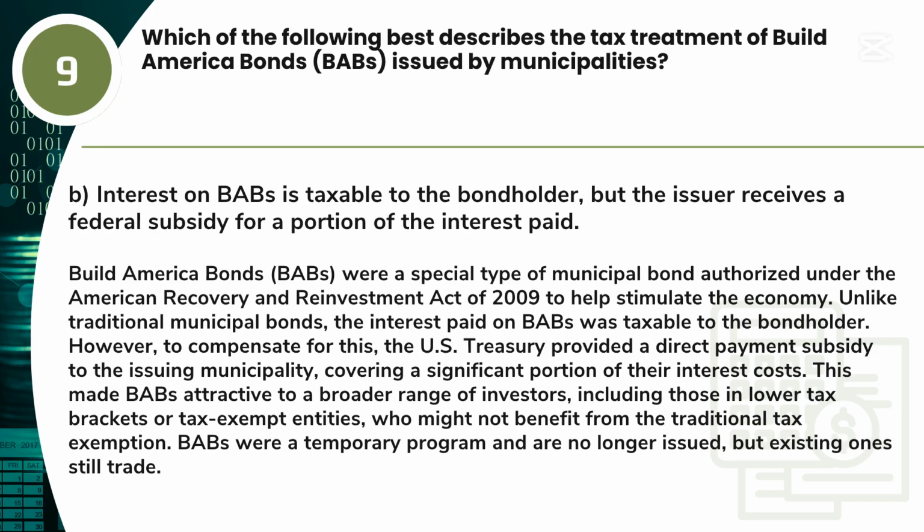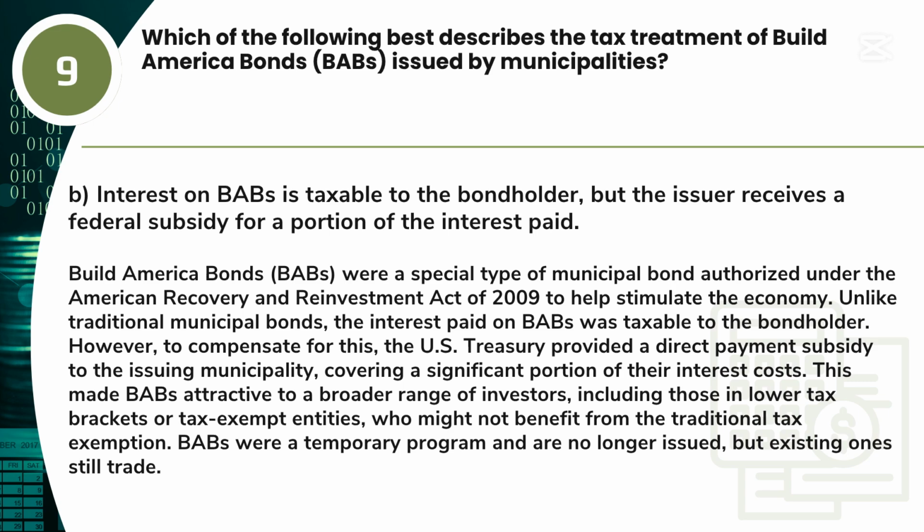Answer: B. Interest on BABs is taxable to the bondholder, but the issuer receives a federal subsidy for a portion of the interest paid. Build America bonds, BABs, were a special type of municipal bond authorized under the American Recovery and Reinvestment Act of 2009 to help stimulate the economy. Unlike traditional municipal bonds, the interest paid on BABs was taxable to the bondholder.